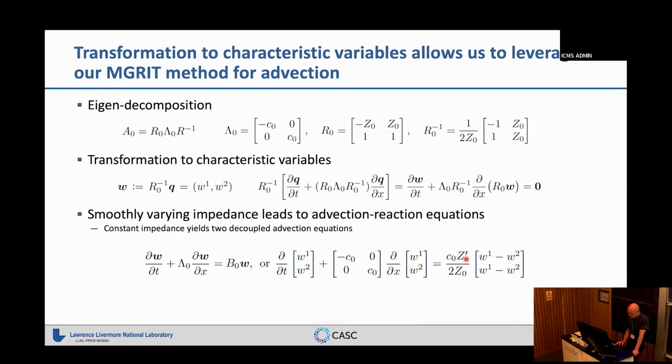And in particular, if you think about the constant impedance case, it's zero, and you really do have two decoupled equations. And so the more variation you get in this impedance, the more the coupling between the two systems, and this will affect the convergence. But this gives you a sense of what we're going to do for the preconditioning. We're going to use the fact that we have this largely diagonal type system.